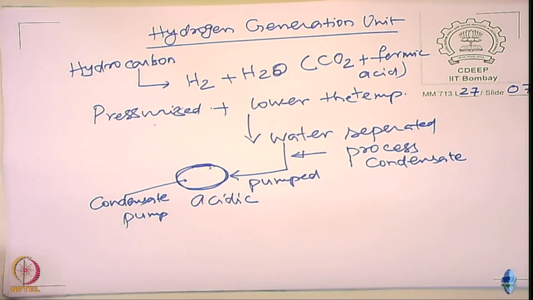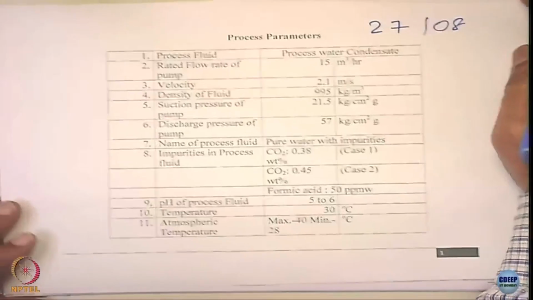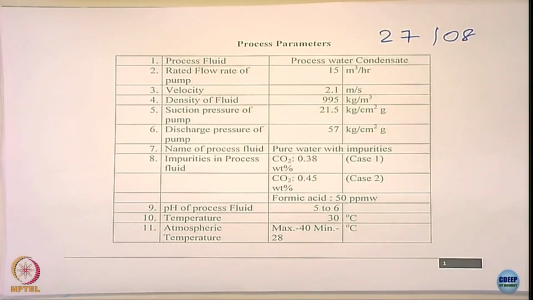In the pump, the fluid goes at a very high velocity, right? So what are the process parameters? These are some of the process parameters. You can see that the flow rate is 15 meter cube per hour, and linear velocity is what matters for us.